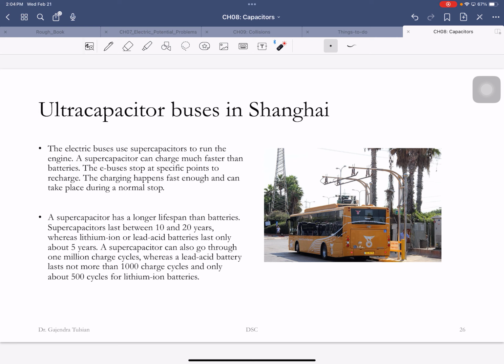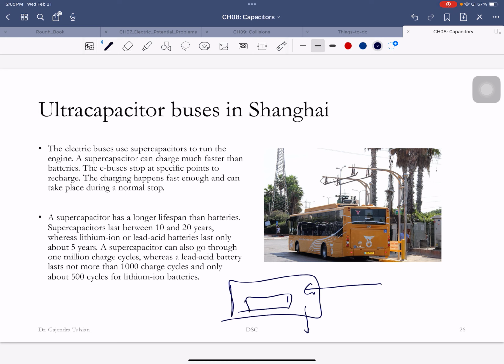When you say 500 charge cycles, explain that. So you have a Tesla. Here's your battery. You drive around town, you discharge it, and then you charge it once. That's one charge.